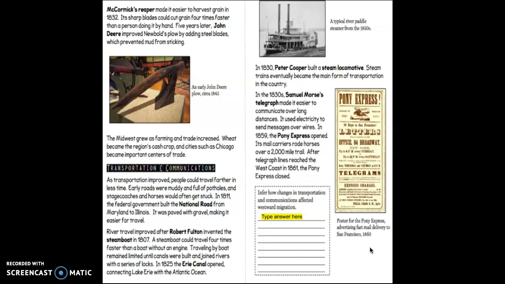And this was incredibly important because previous to this, there was no easy way to get to the interior of the United States or to those Great Lakes. If you wanted to get to the Great Lakes, you had to actually go all the way up into Canada and come down through the Hudson River into the Great Lakes.